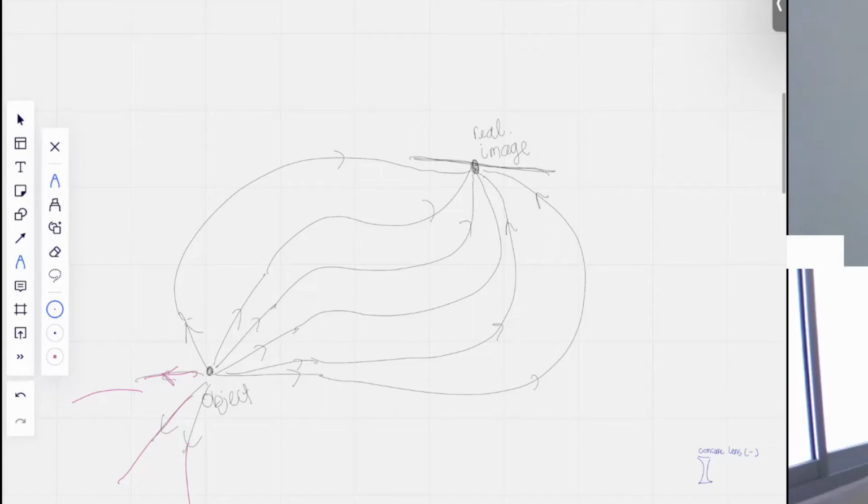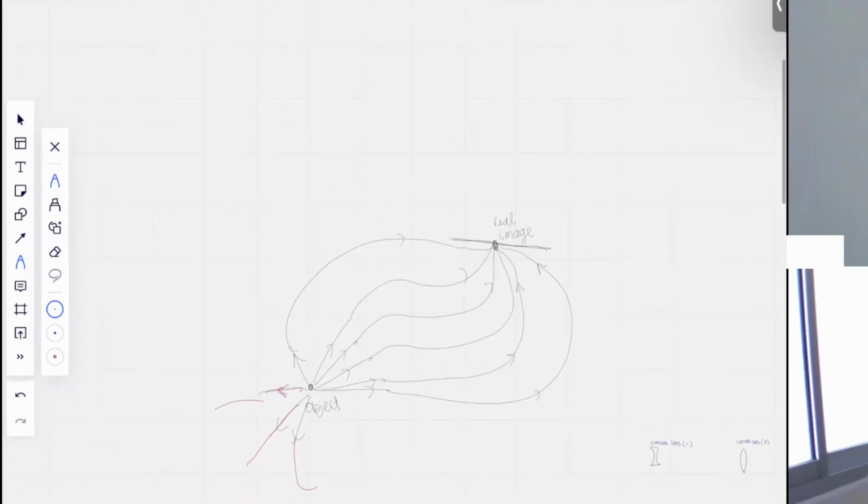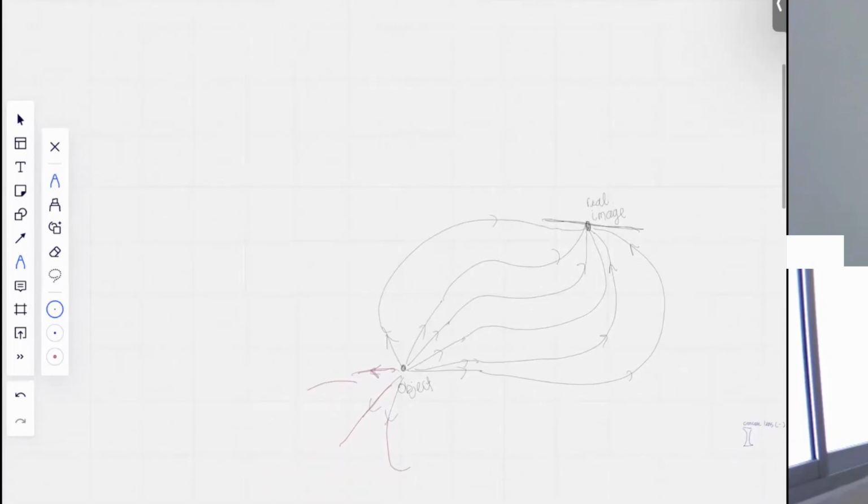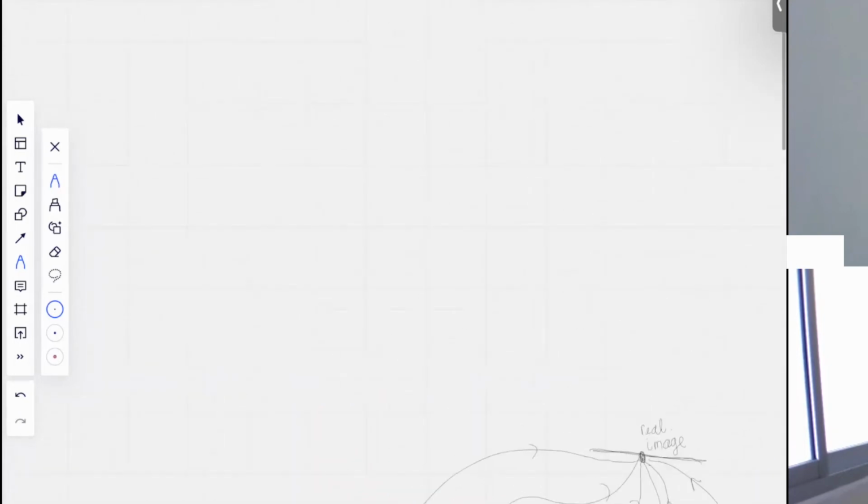Okay, so this is a real image. Yeah, capture on a screen. Virtual image is like this. Let's say you have an object here, and light are spreading everywhere. This is the object. Then this is the eyes. Yeah.